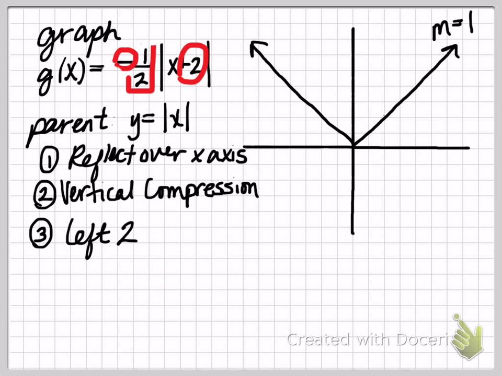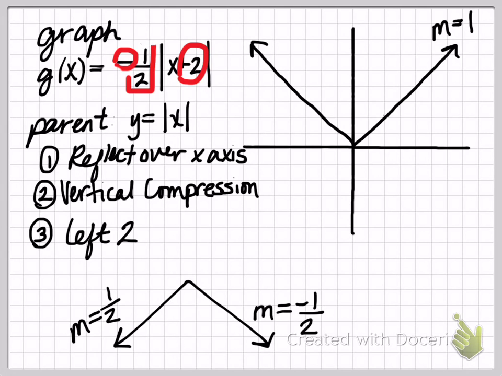But then we've reflected it down. So essentially, before I actually go and graph it, if the v is opening down, we'll end up with one side that has a slope of positive 1/2, and the other side that has a slope of negative 1/2. Since this v is basically made up of a piece of two different lines. But then the entire graph is going to be shifted to the left 2.